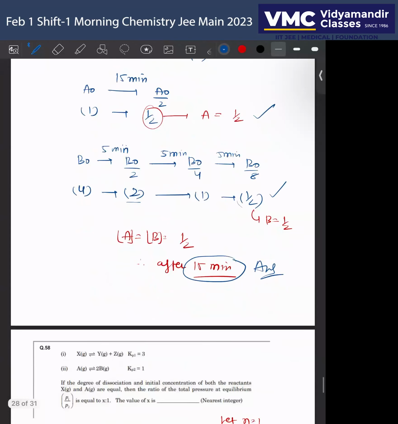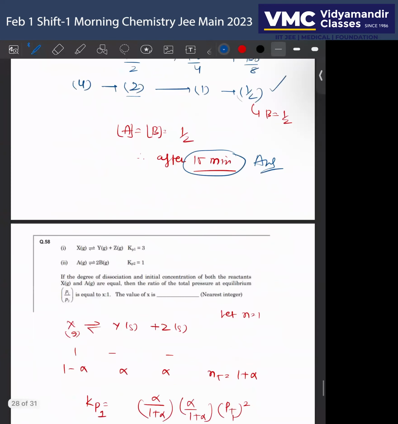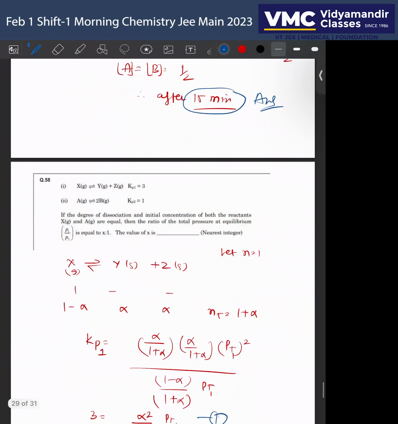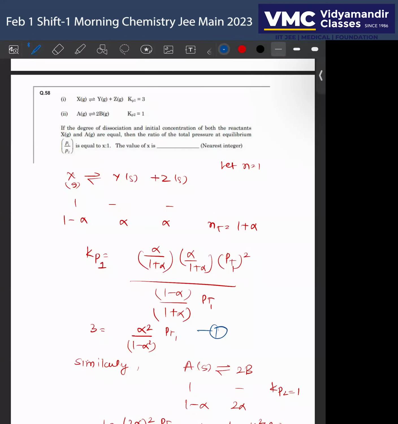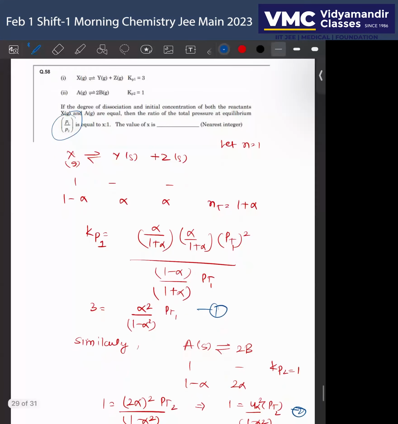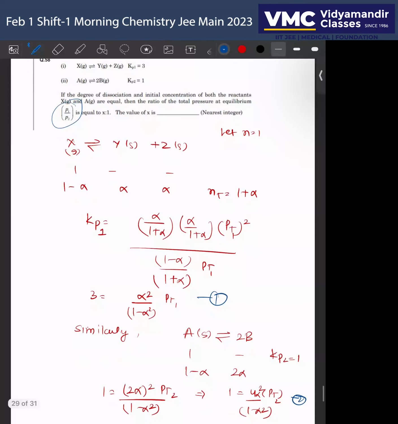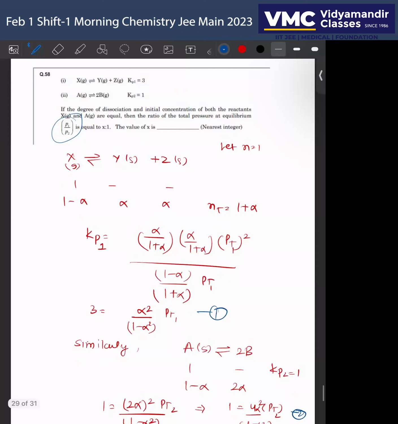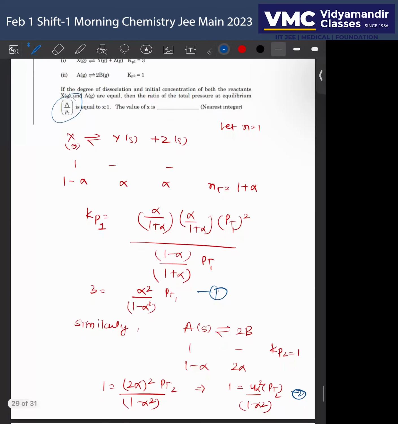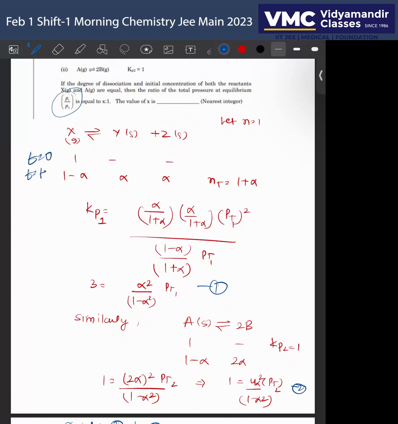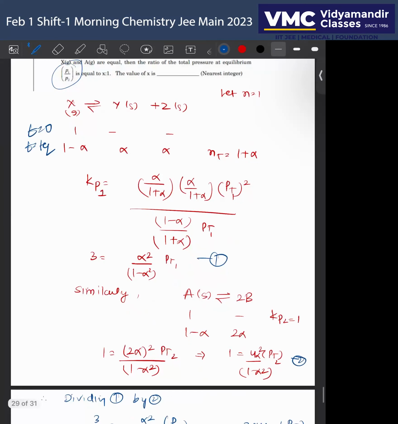Next, moving on to question number 58. There are two reactions given over here with Kp1 equals to 3 and Kp2 equals to 1. We are asked for the ratio of total pressure at equilibrium. So we can use that. First reaction, let the number of moles be 1 because the initial concentration of reactant is the same. So at time t equals to 0 it is 1, at equilibrium 1 minus alpha, and total will become 1 plus alpha.